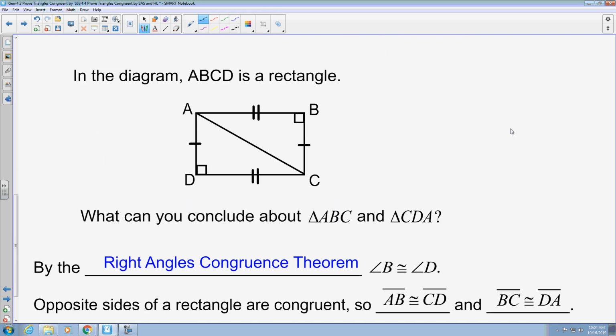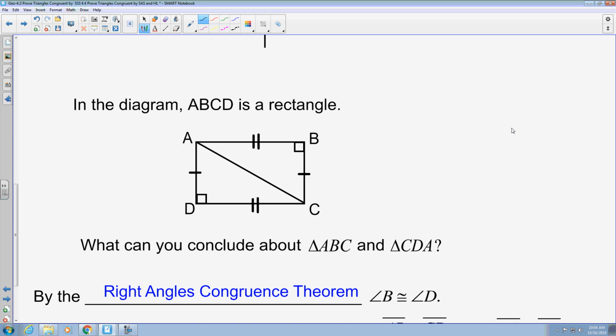I look here and it says in the diagram ABCD is a rectangle. So because they're telling us it's a rectangle, it has all the characteristics that a rectangle has. It has four right angles. It has two sets of parallel sides, and the opposite sides are congruent.